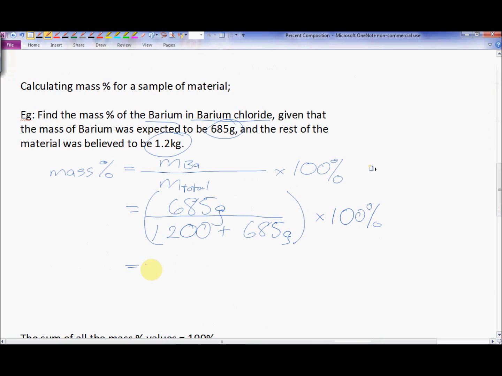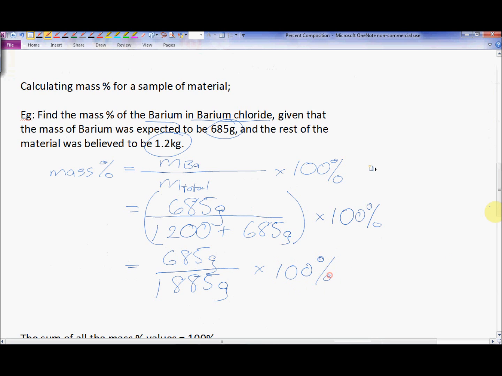Doing a little calculation here, we're going to have 685 grams divided by 1,885 grams, multiplied by 100%.